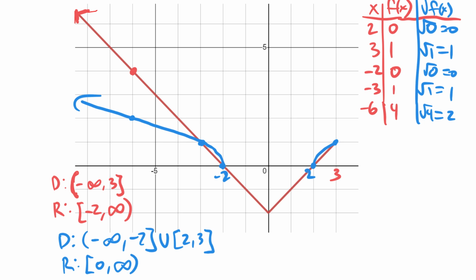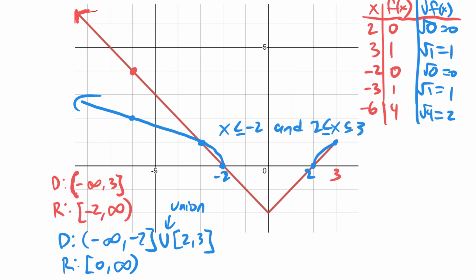Now again, if you're a little bit confused by this U shape, it means union. This stands for union, and it's a way of putting two sections together, because if you notice, the blue graph has one section here and one section here. So we have a domain that, if you were used to writing it with set notation, you would say x is less than or equal to negative 2, and x is between 2 and 3.